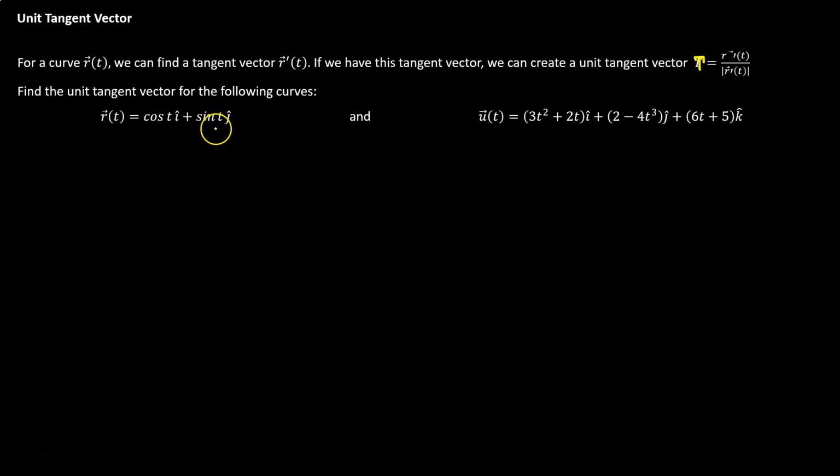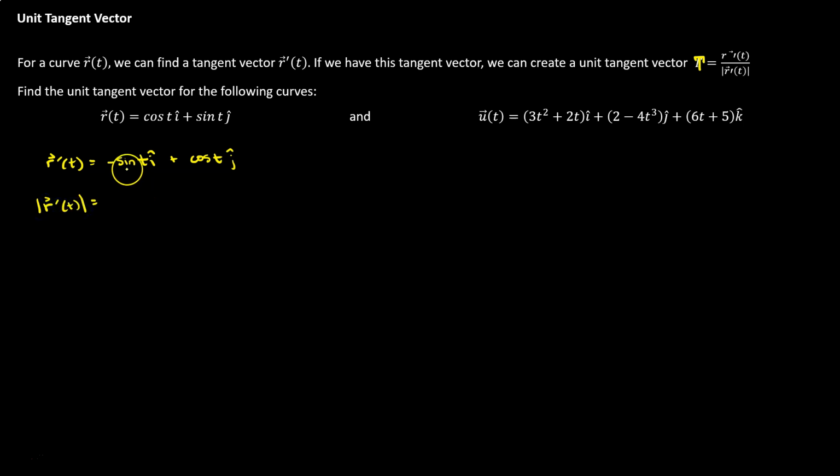If r is the function we were working with in the last example, then we know r prime looks like -sine t in the i hat component and cosine t in the j hat component. Then we'd need to calculate the magnitude of that.